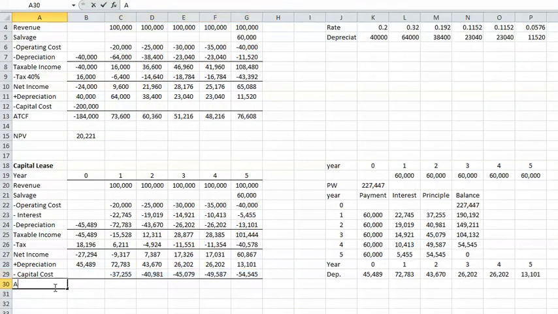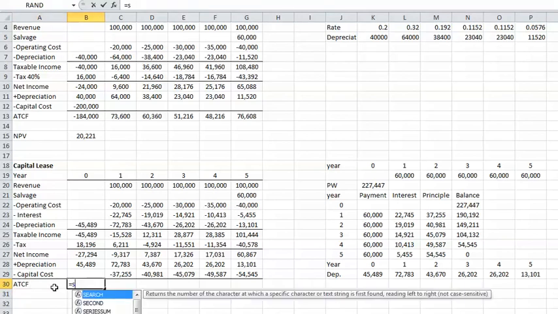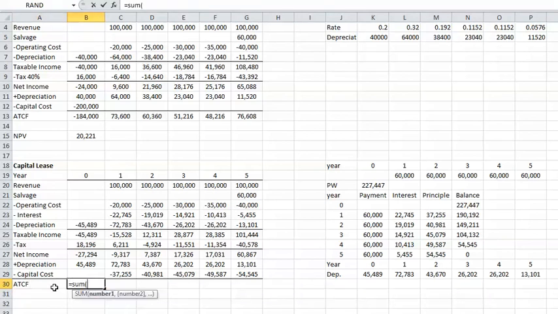After-tax cash flow is going to equal the summation of these three rows, and the NPV. And in the end we calculate the NPV. Here, because we have a payment at present time, we have to enter that manually.